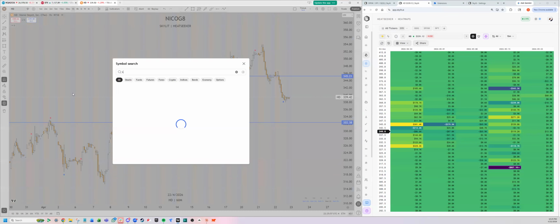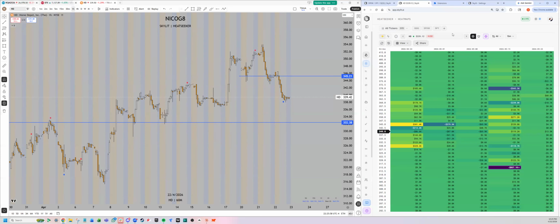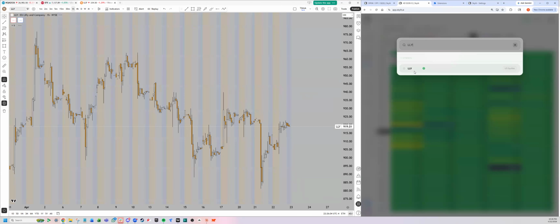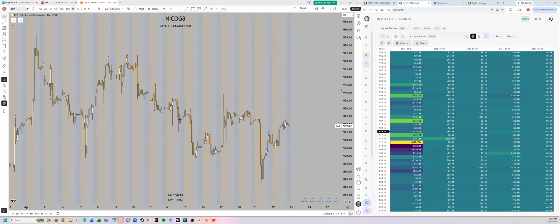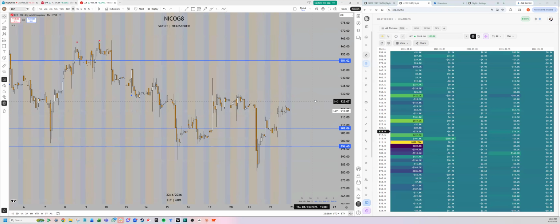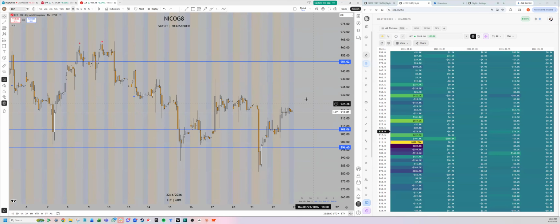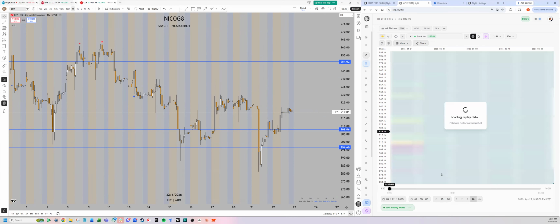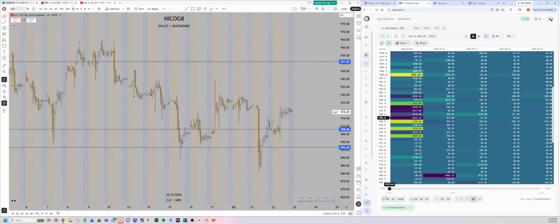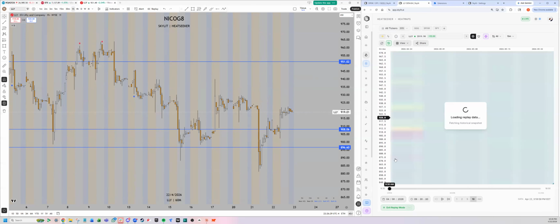All right, Eli Lilly. Eli Lilly had a great move a few weeks ago. It's not as clean as the map right now. So I'll just show y'all Eli Lilly as an example of a map I prefer. Oh, what day was this?